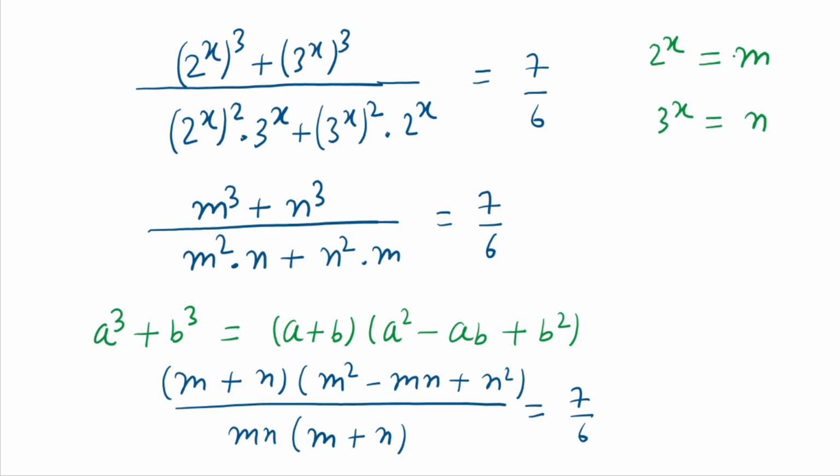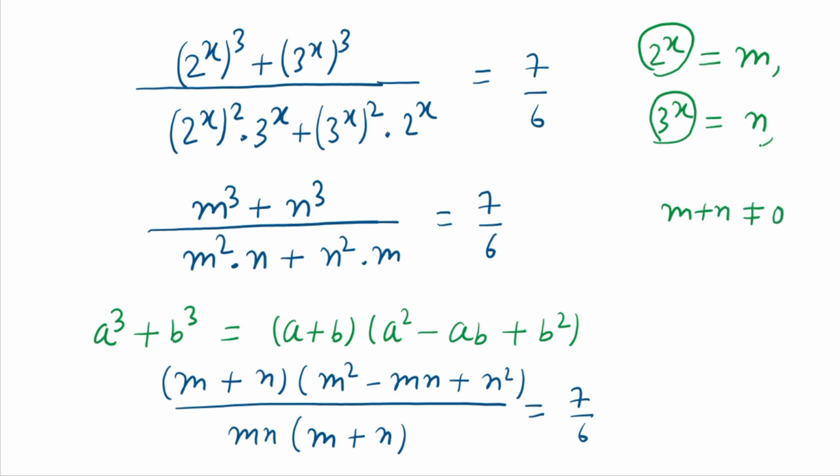Look carefully, m and n are positive because m is 2^x and n is 3^x. Here we will consider only real solutions, so 2^x is always positive and 3^x is always positive if x belongs to the real numbers. So m plus n cannot be equal to 0.